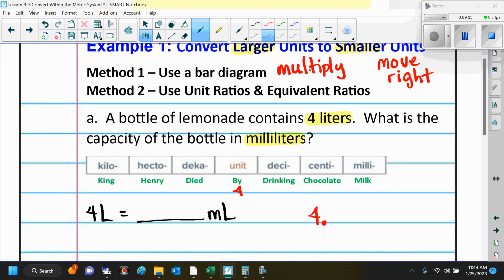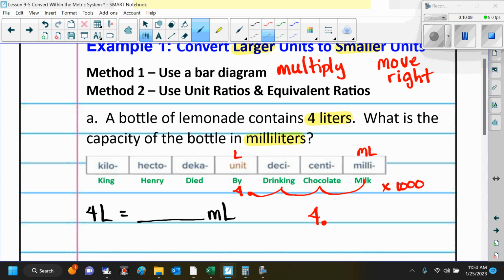So now we want to multiply because we're going from liters, 4 liters, to milliliters. How many times am I going to move my decimal? 1, 2, 3. Moving the decimal 3 times to the right means we're multiplying by 1,000.